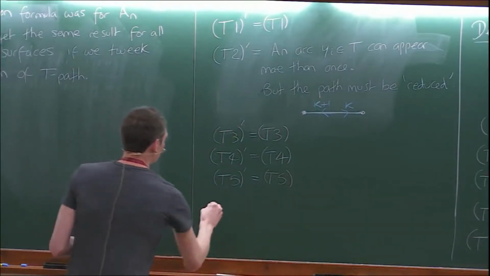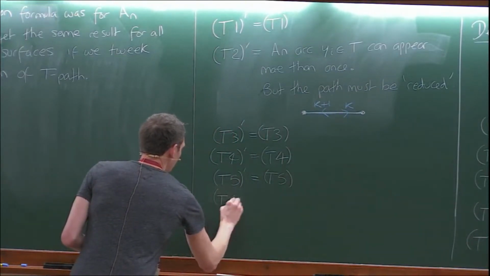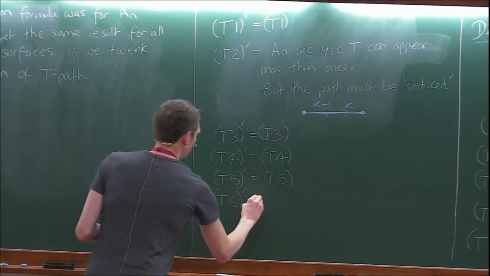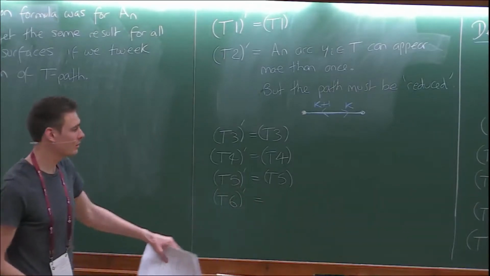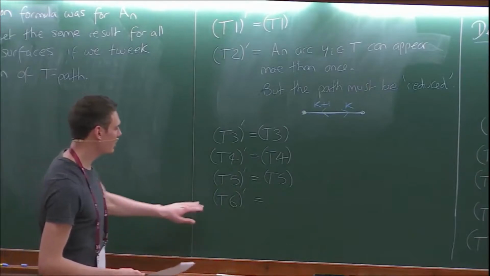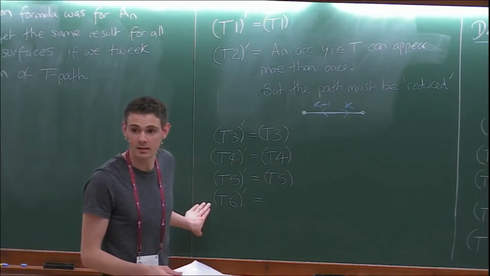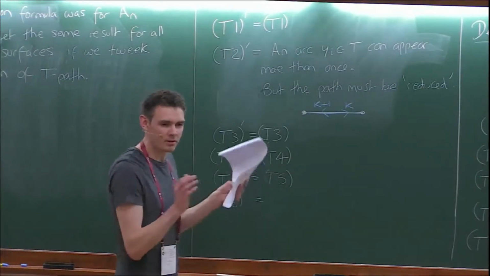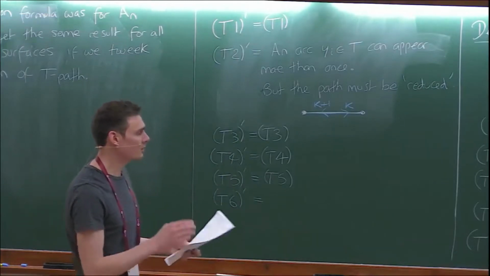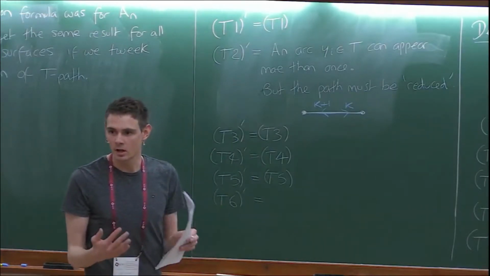And we have a sixth condition, and this is because we're no longer on a simply connected surface. And it's roughly going to translate as we want this t-path to stay close to the arc alpha.